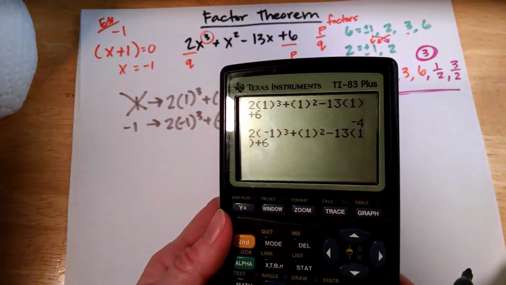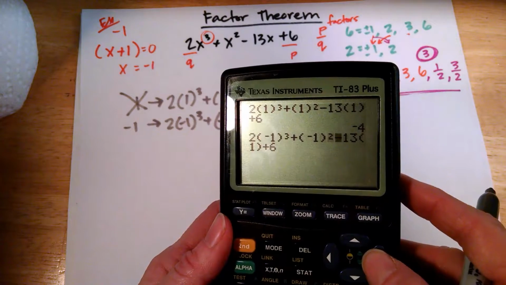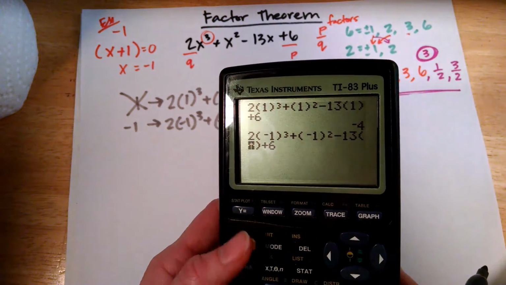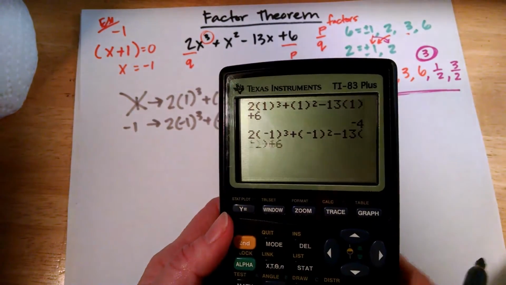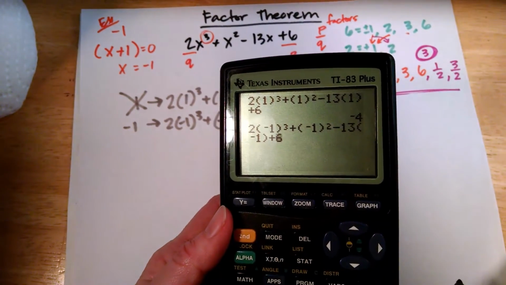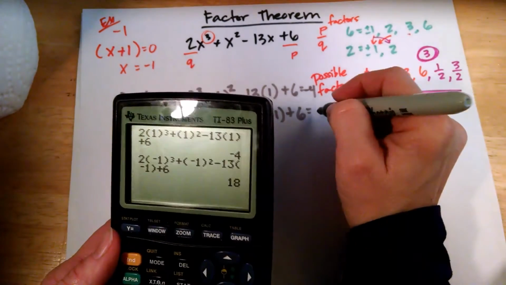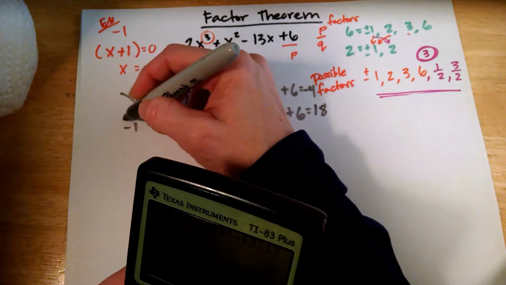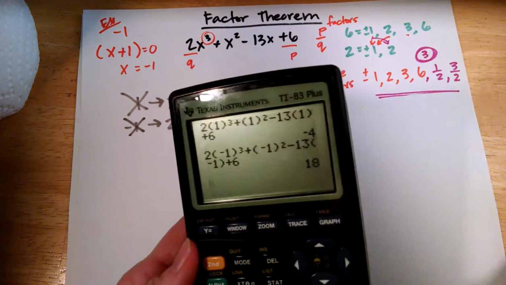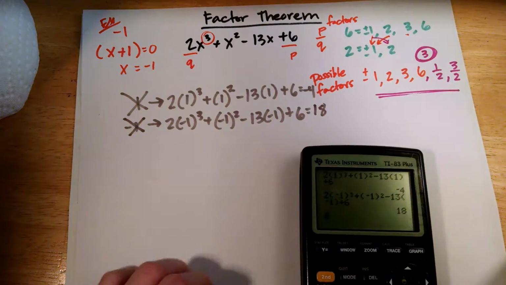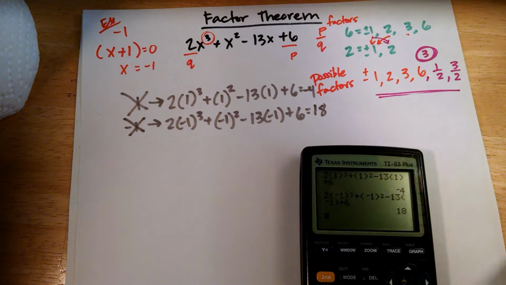Second insert, negative 1. And over here, second insert, negative 1. Okay, so I've got all my negative 1 values in there. I've got 18. That doesn't work. Okay, so I'm going to keep going down the line to figure out which ones equal 0.